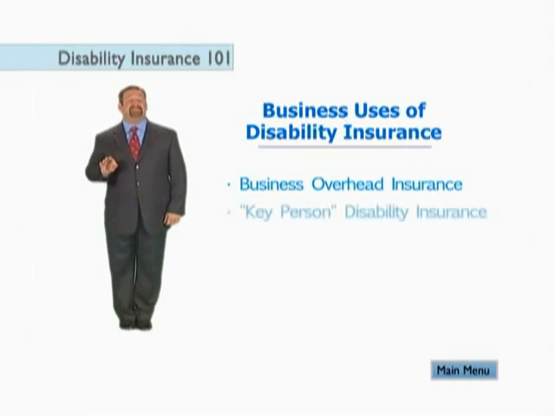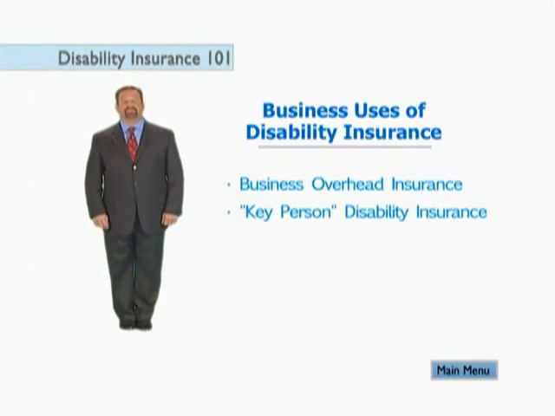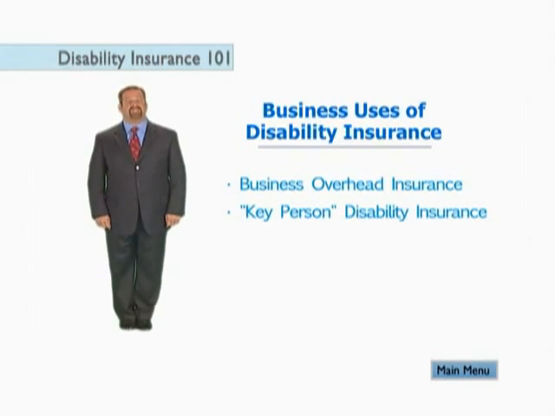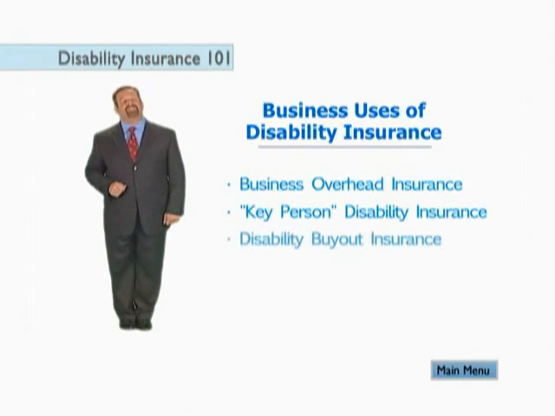They are called key person disability policies, and they reimburse for a lost income if a key person gets disabled. There are even policies to ensure that if one of two business partners is disabled, that the healthy partner receives a lump sum of cash to buy out his disabled partner. And you guessed it, that policy is called a disability buyout insurance policy.